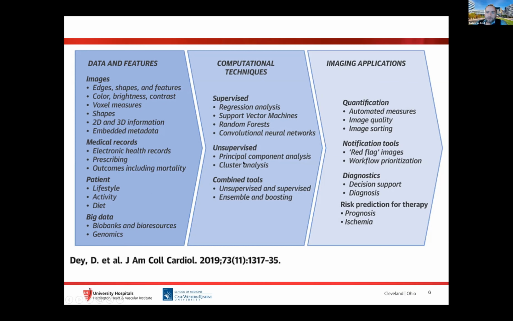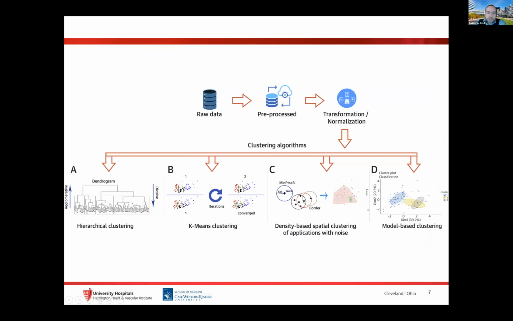These can be fed into a computational technique, which would help us with imaging applications: quantification of imaging features, notification tools like red flag images, workflow prioritization, which has already been utilized in various health centers, and decision support, diagnosis, and prognosis.